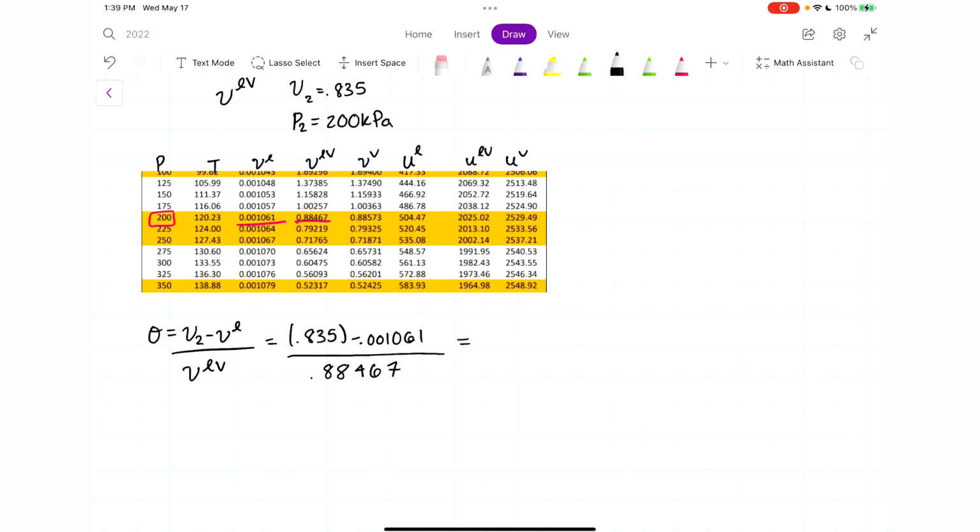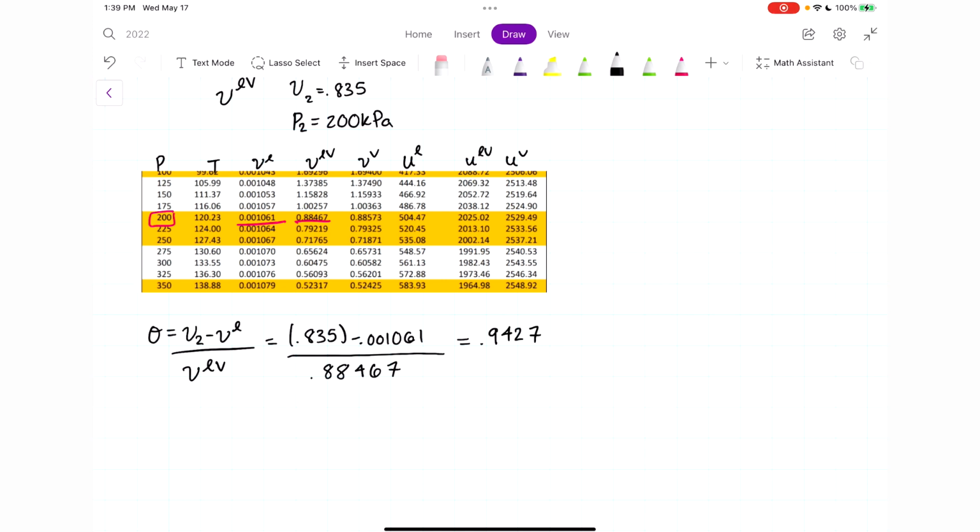Plug that into a calculator and we get 0.9427. So in state 2, we have a higher quality saturated mixture, which makes sense because we added heat to it. It's acting less like a liquid and more like a vapor, closer to becoming a fully saturated vapor, or even a superheated vapor.